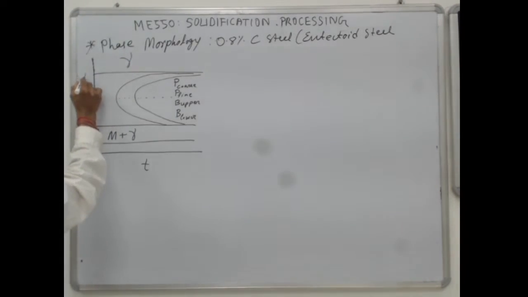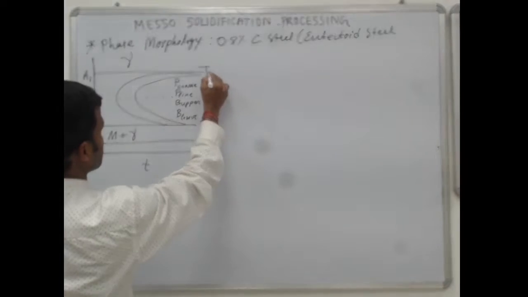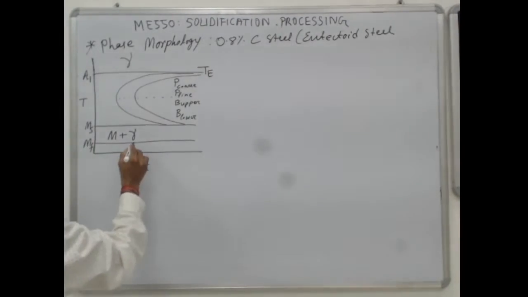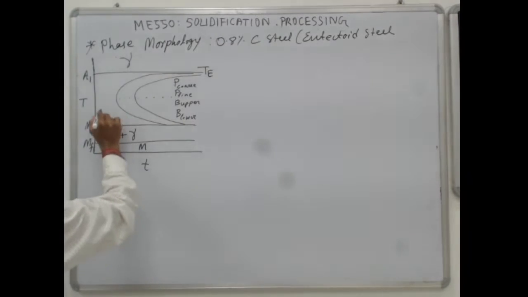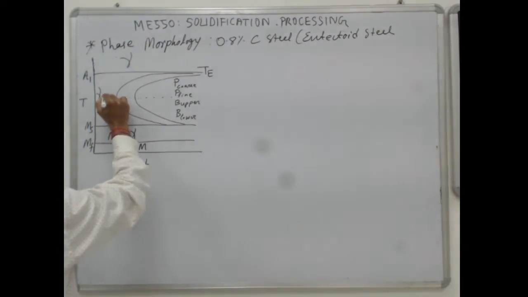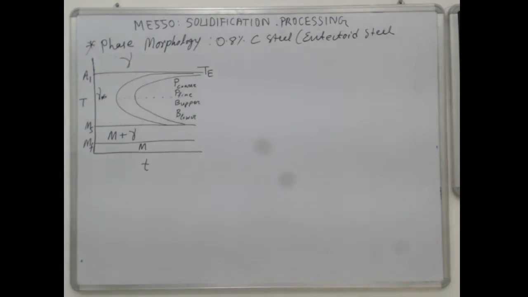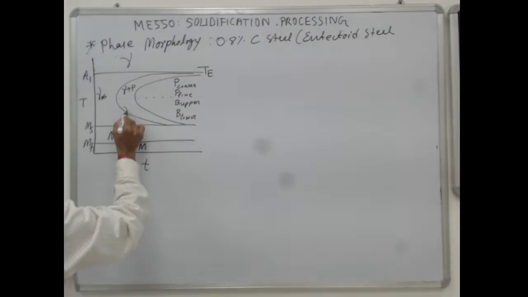This temperature is known as the A1 temperature, or eutectoid temperature, TE. Here you have everything martensite, and in this region you have gamma metastable, MS. So in this region you have gamma plus pearlite, here you have gamma plus bainite.